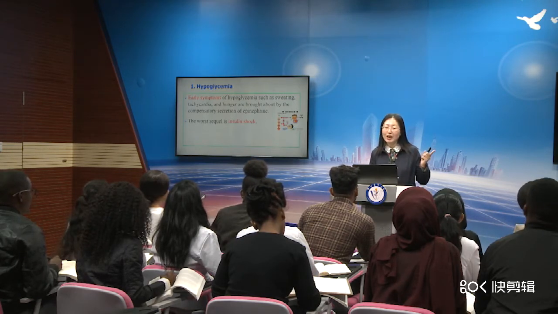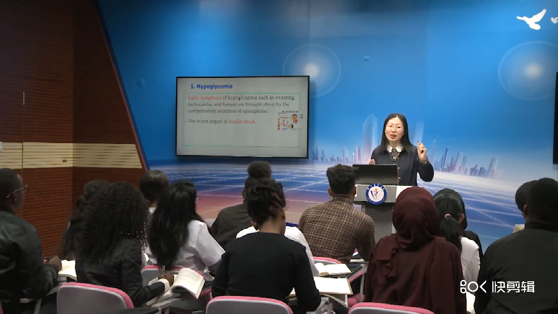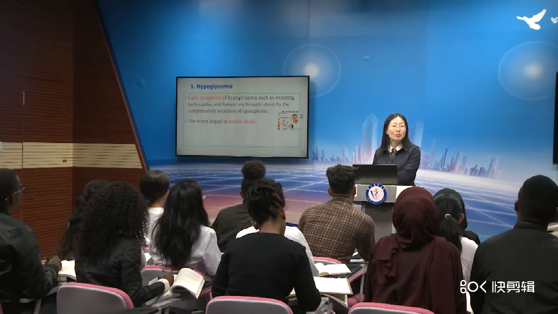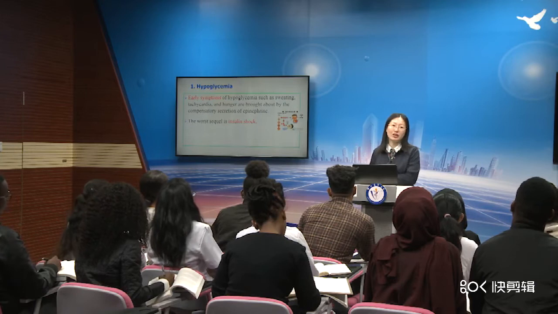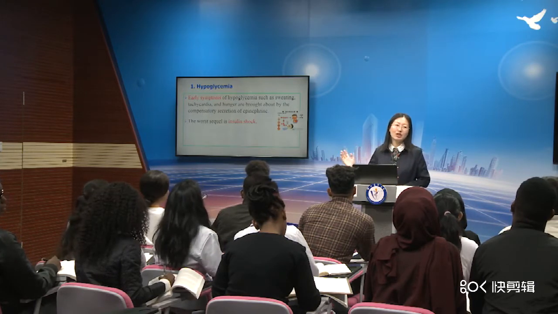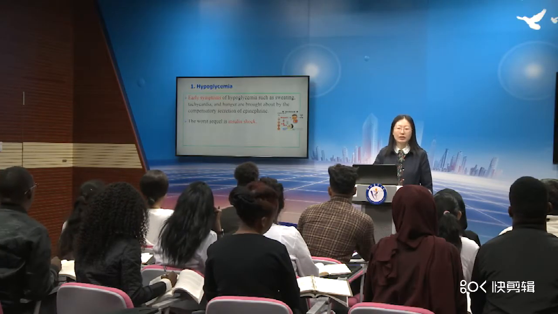We can use antihypertensive drugs to treat hypertension, but we don't like hypotension. Why? If blood pressure is very low, maybe shock, dangerous. Same with hypoglycemia. The patients must know how to treat it by themselves, because the worst sequela is insulin shock.